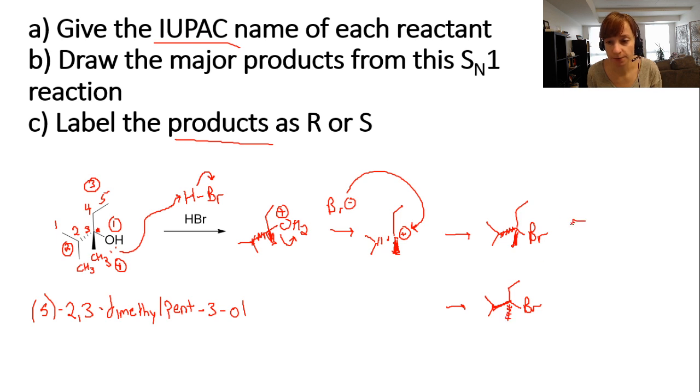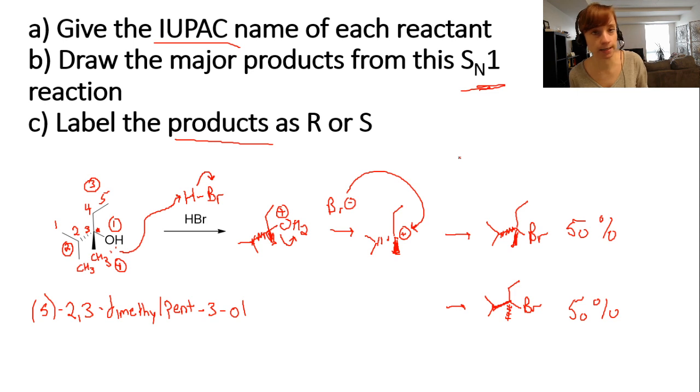So what happens is you end up with 50% of this and 50% of this. It's a completely even mixture. And this happens with SN1. This doesn't happen with SN2. Okay, so now we need to label the products. Now here, because we replaced our first priority group, which was the OH, with the bromine, it is still the heaviest out of all the other carbon atoms attached to the chiral center.